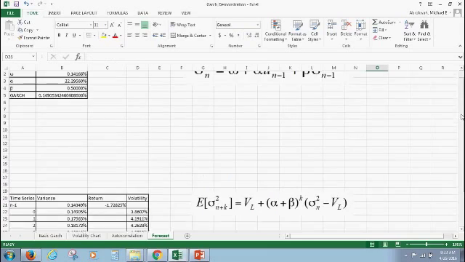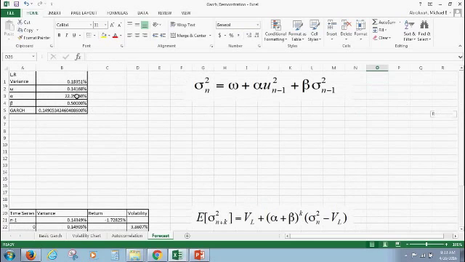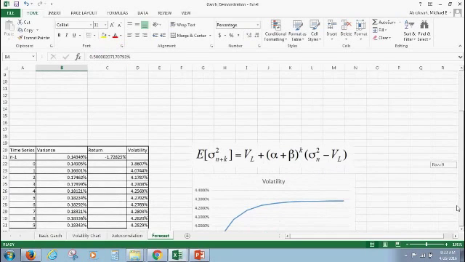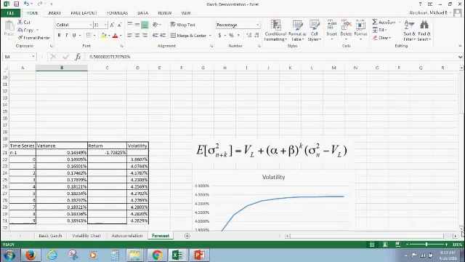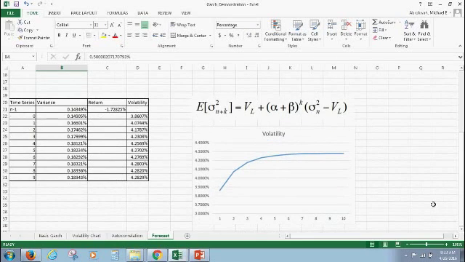If we change the parameters even a little bit, so I'm going to change this randomly to 50, just to see how that would work. And yes, it makes a significant difference because as I increase the persistence, the slope doesn't flow so sharply to a long-term average, as you can see.